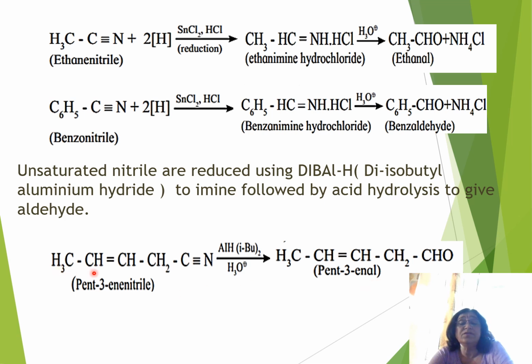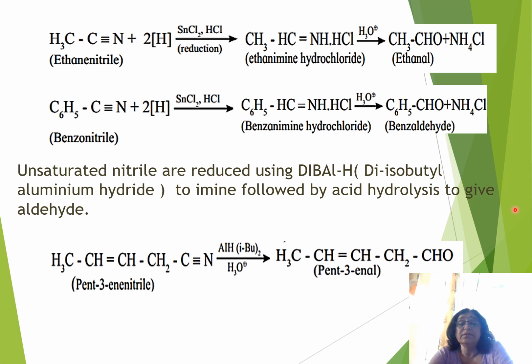So here CH3, CH=CH, CH2 and this is CHO. Okay. So CN gets converted to CHO. So first imine is formed here and then followed by acid hydrolysis gives you aldehyde.